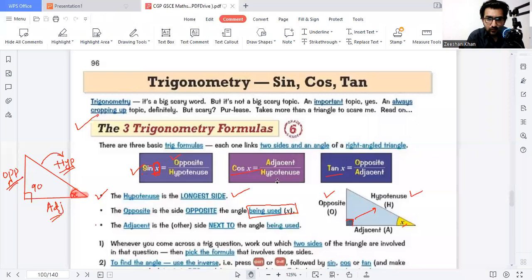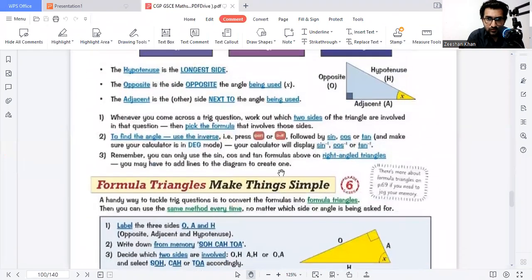Now you will solve more questions. For example, let's assume a question is given with a triangle.